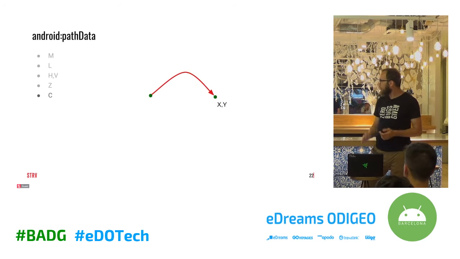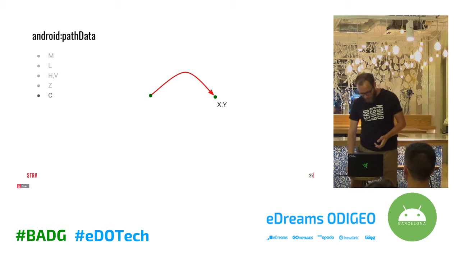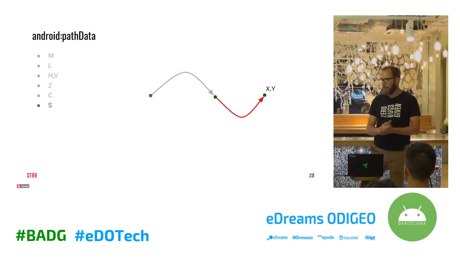Then you have more advanced ones, I would say, but those are the nice ones. Bezier curve. Well, I'll talk about it later on, but it's kind of a shape with which you can create different curves. Then you have a smooth Bezier curve. This is basically if you are chaining more Bezier curves, the transition between them isn't jagged.